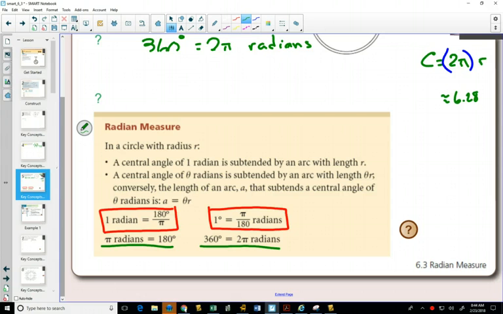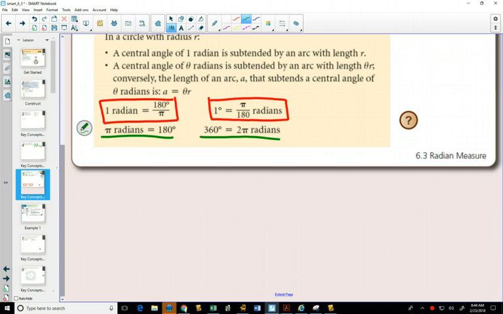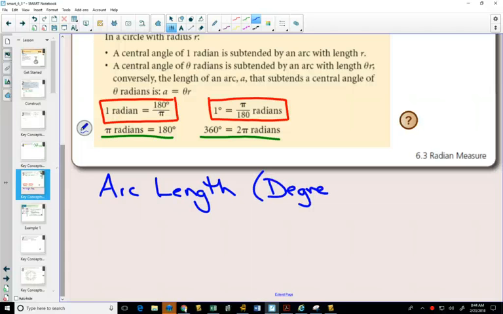Now, in the space that you have right beside this, we're going to write some additional notes dealing with arc length. We're going to start with what we did in 6.2, where we developed a formula for arc length in degrees.